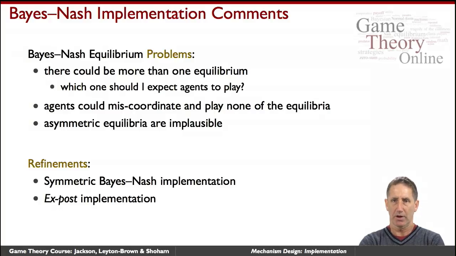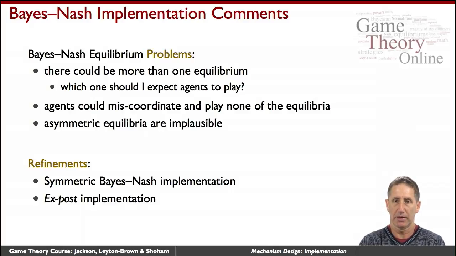Also, equilibria are a very general category, and one objection could be that asymmetric equilibria are implausible here. There's no reason to think that when presenting a game, one agent would gravitate to one strategy and another agent to another, even though the setting is completely symmetric. And so there are various things you can do about these questions and concerns.